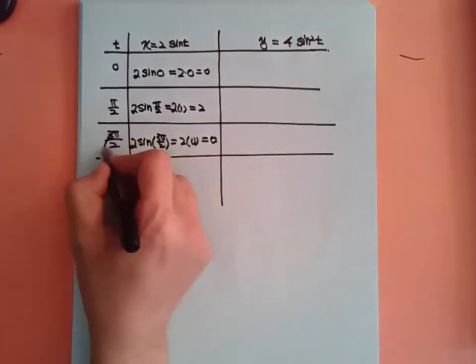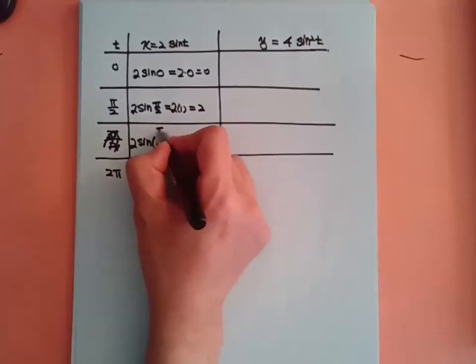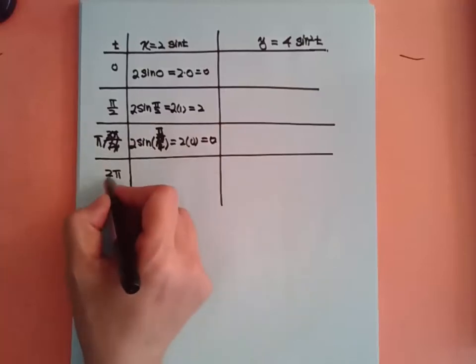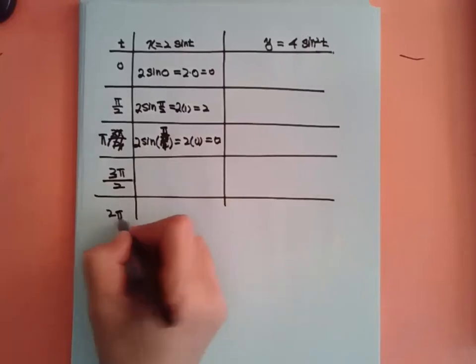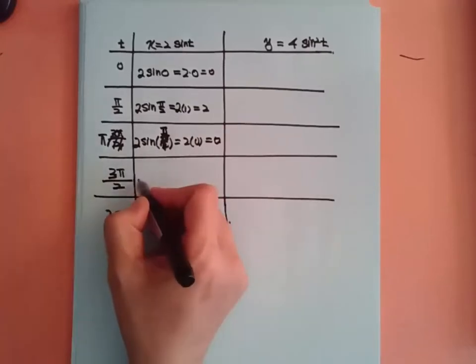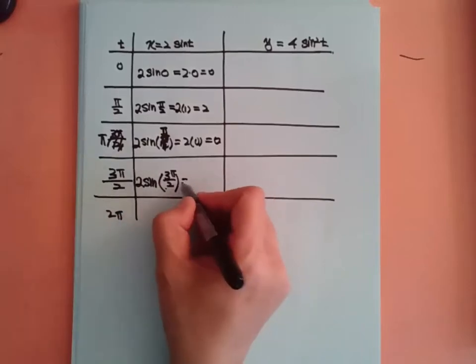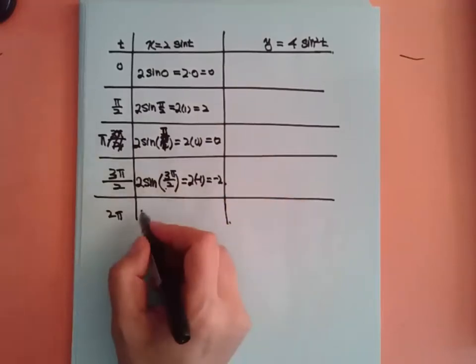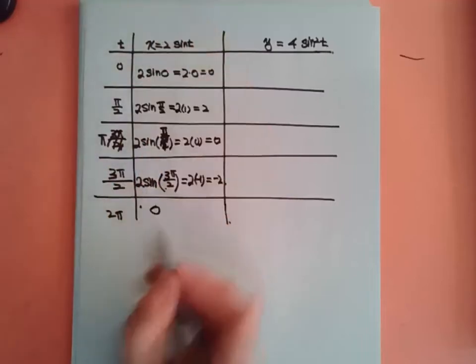Sorry, I keep missing pi. And then 2 times sine of 3 pi over 2 is 2 times -1, which equals -2. And then at 2 pi, we go back to 0.